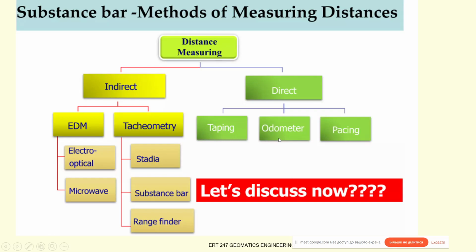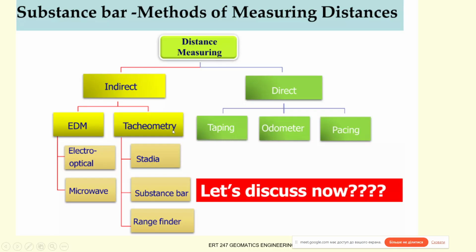Another option is the odometer, which is not very precise. Well, indirect methods. Electronic tacheometry, we will speak about this method soon.